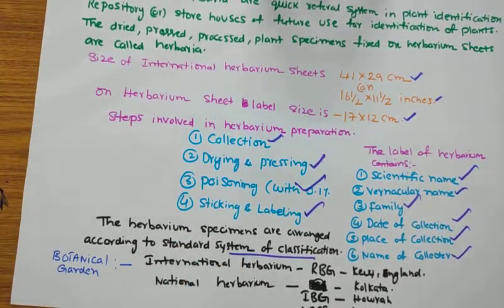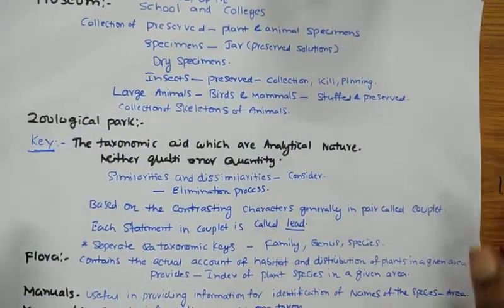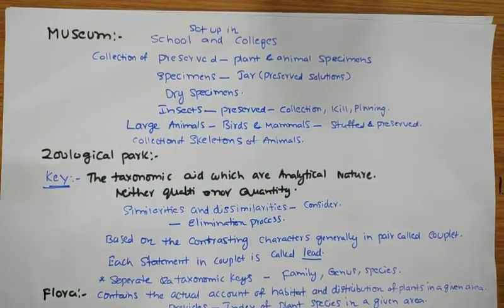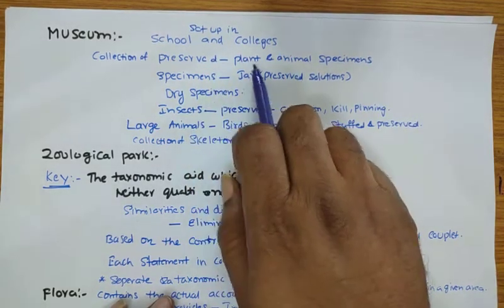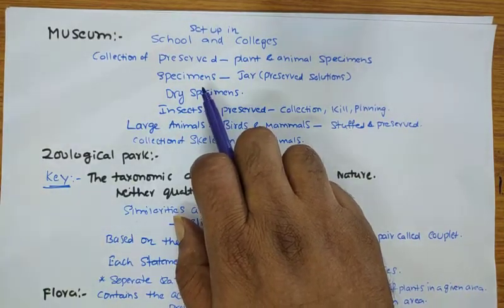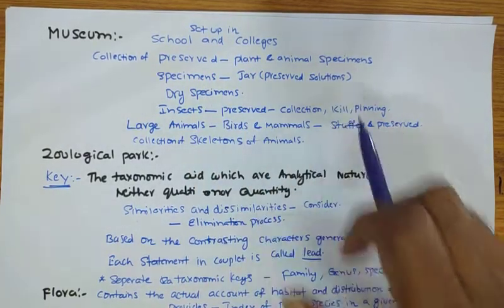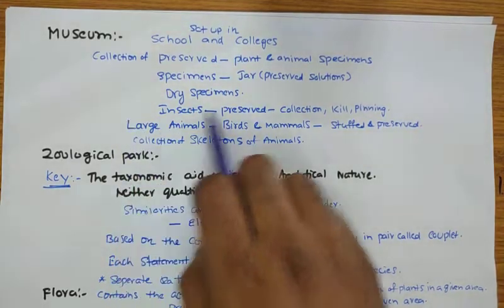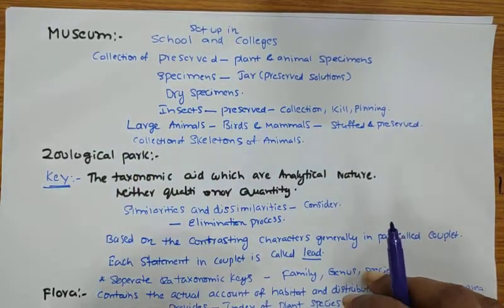Then, going through the different taxonomic aids one by one, after herbarium comes the museum. Museums are generally set up in schools and colleges. Museums maintain collections of preserved plant and animal specimens. Specimens can be preserved in jars with preservative solution, and dried specimens are also there.